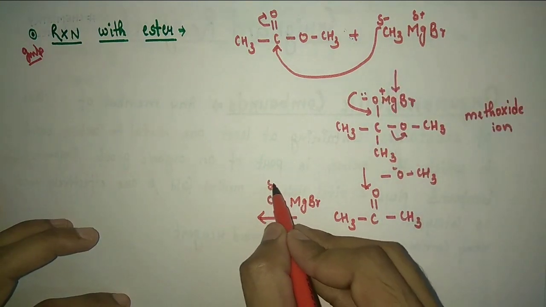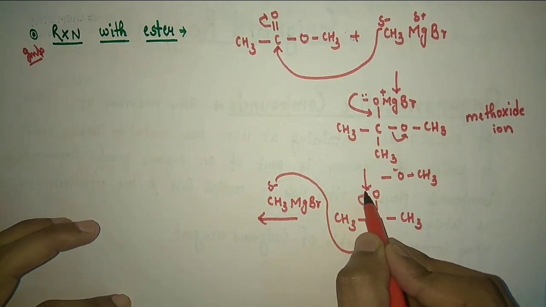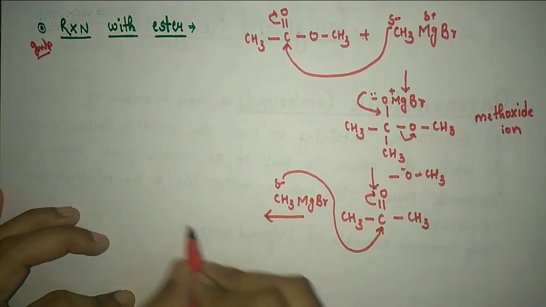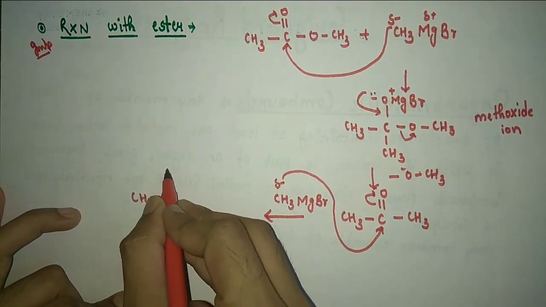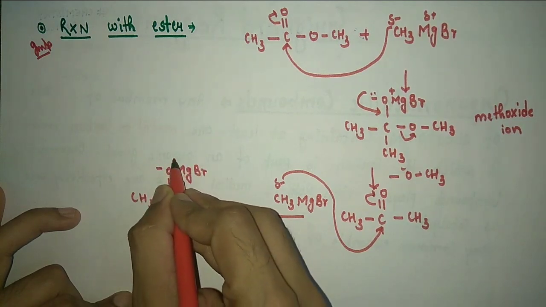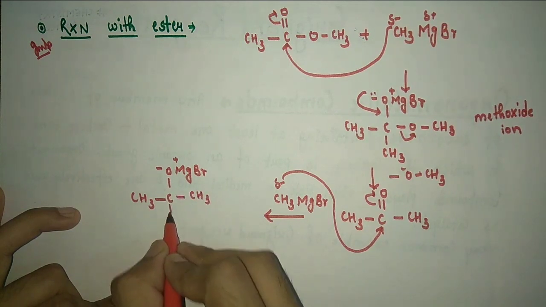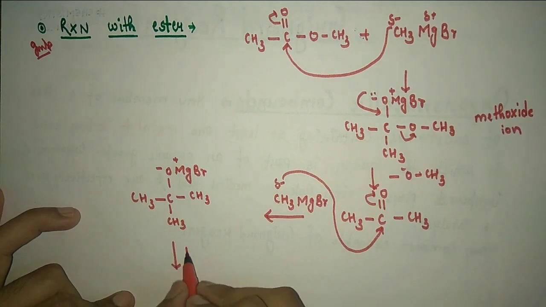Now what happens? This goes to this carbon atom and this goes to this. Now what will happen? CH3CO minus and MgBr positive, and this is CH3 and this is CH3, and after this we perform the hydrolysis, H2O in the presence of dilute acid.